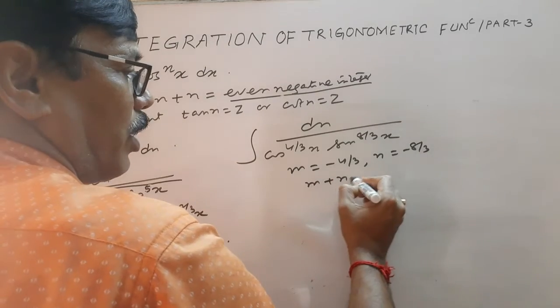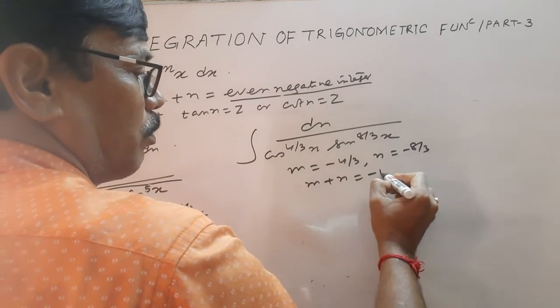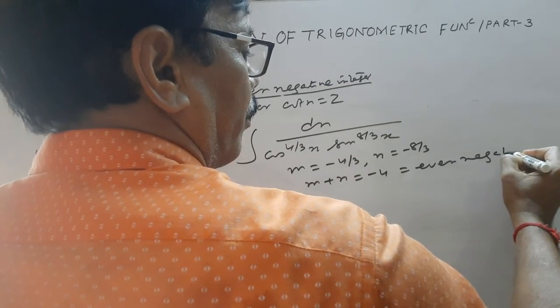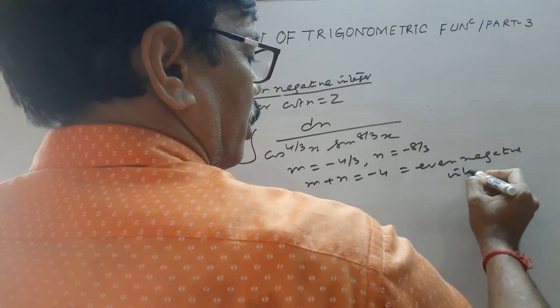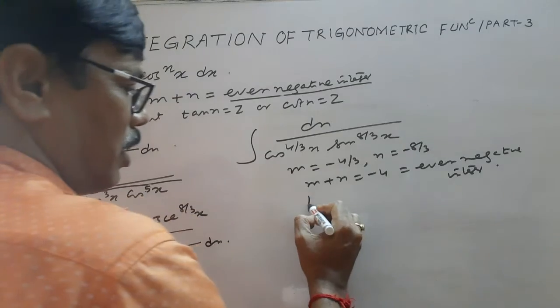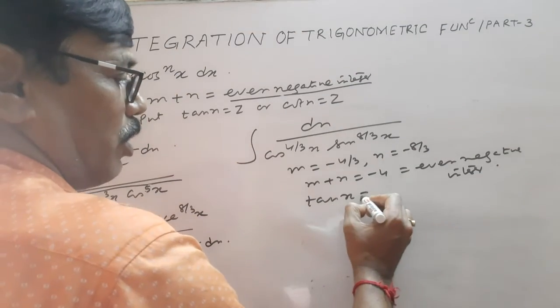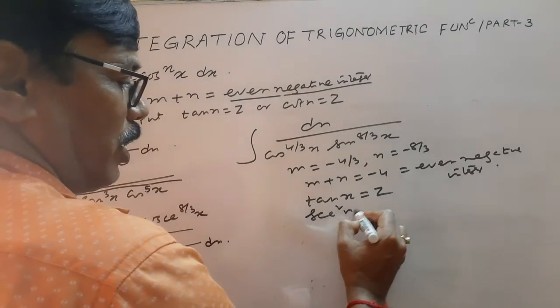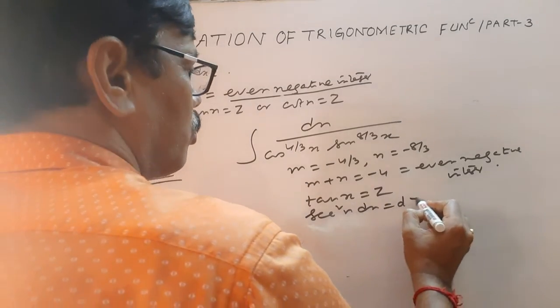So m plus n is minus 12 by 3, which is minus 4, an even negative integer. So our condition is satisfied. So tan x equals z, and sec square x dx equals dz.